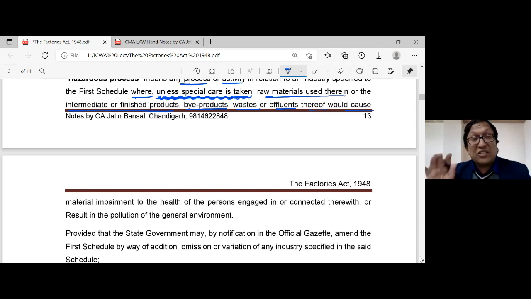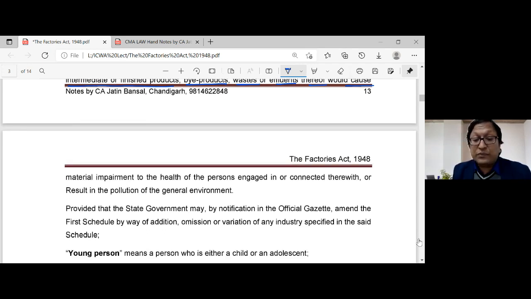Such raw material, work in progress, intermediate goods, finished goods, byproducts, effluents, and waste at that place would cause material impairment.